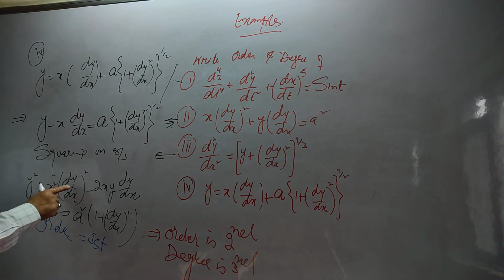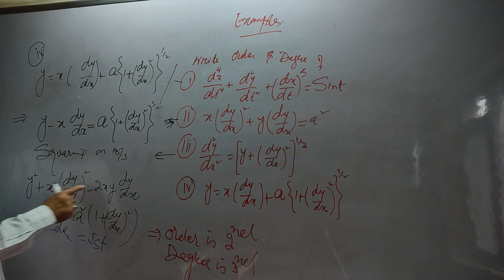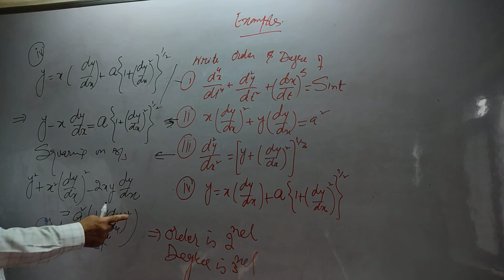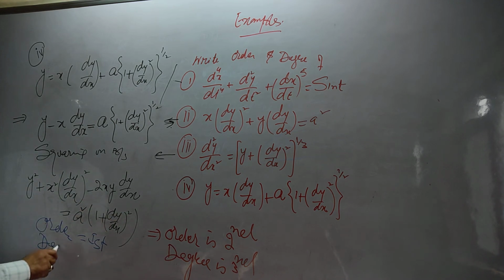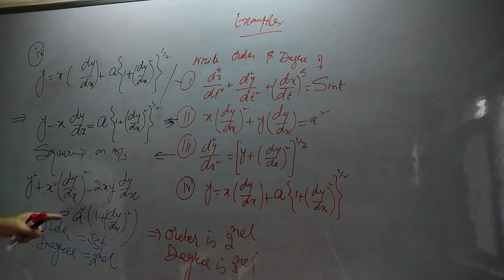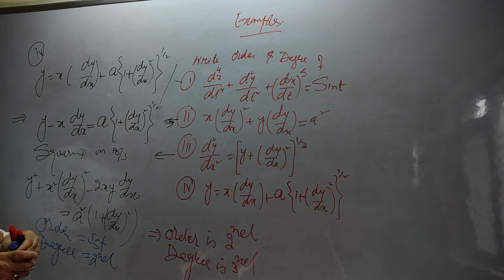Now it is of first order here, and the power is 2. Here it is also 2. The highest power is 2, dy by dx to the power 2. There is no 3, there is no 4. So we say the degree is second. This differential equation is of first order because it involves the first differential coefficient dy by dx, not d2y by dx square, not d3.